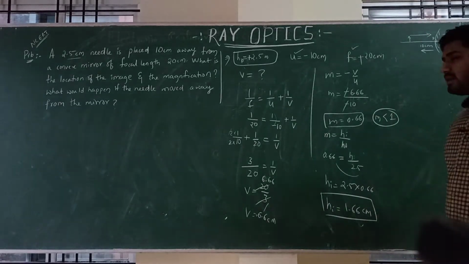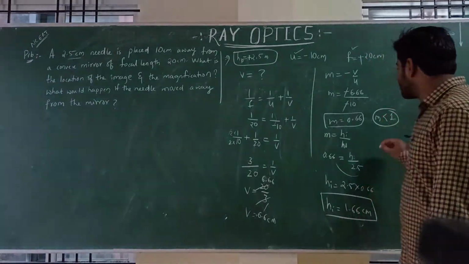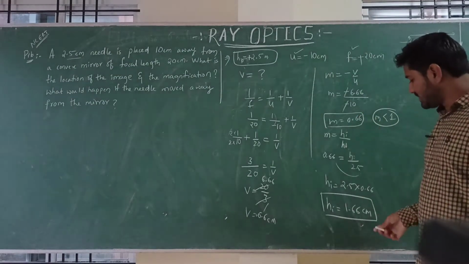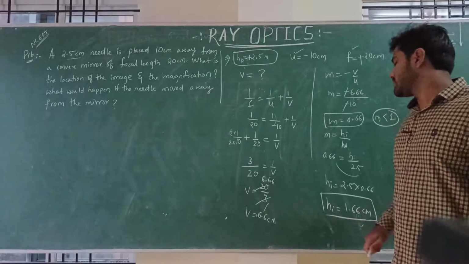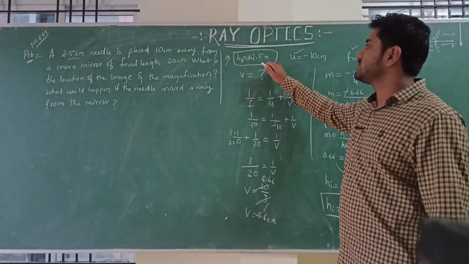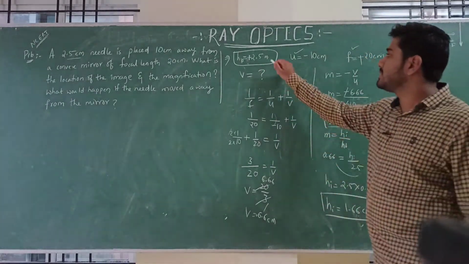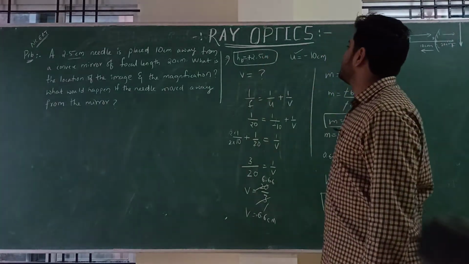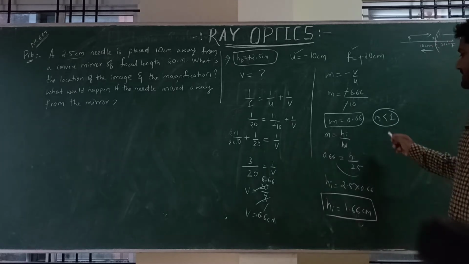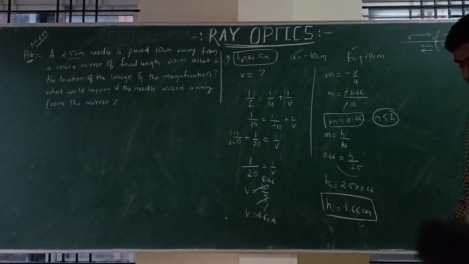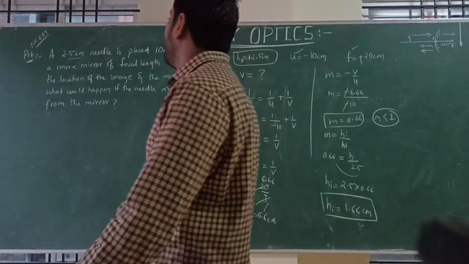The height of the image will be less than height of the object. So m we got less than 1, therefore height of the image is less than height of the object. It is 1.66 and it is 2.5 centimeter. You got this? I think you understood this.